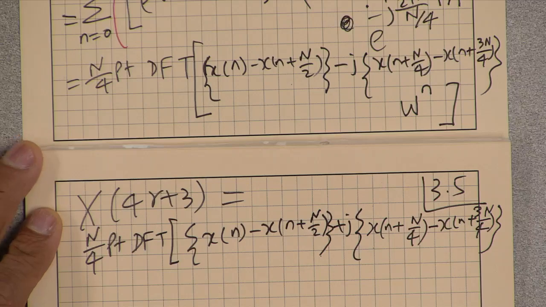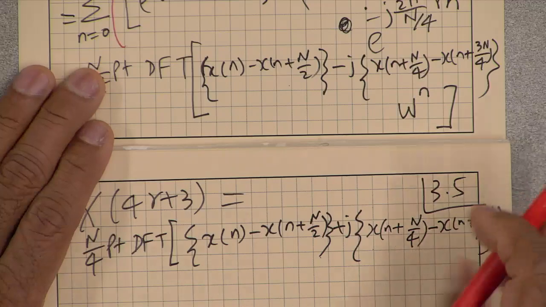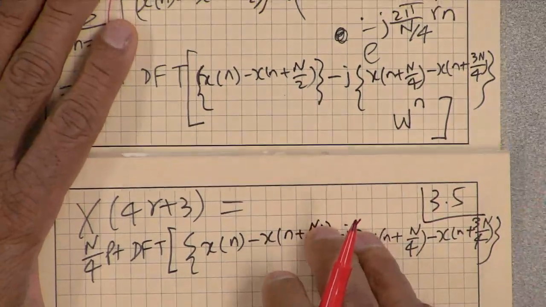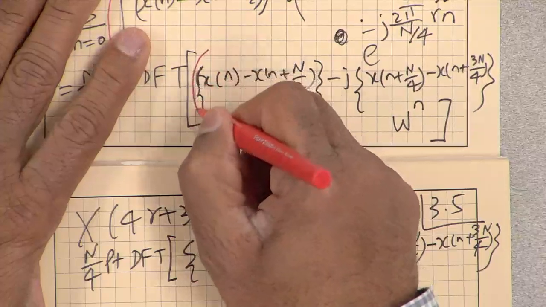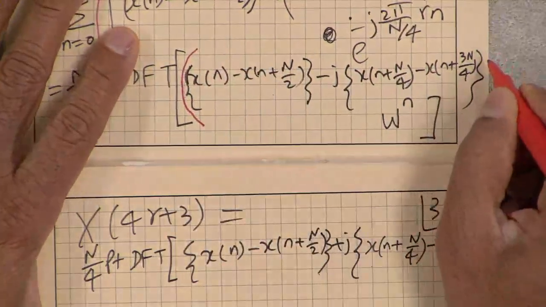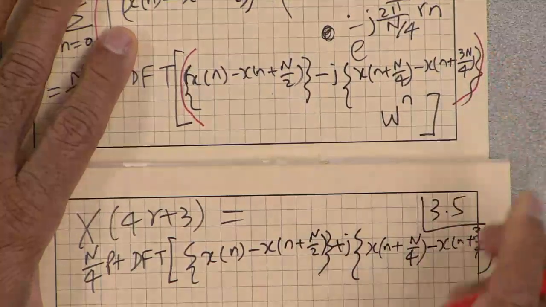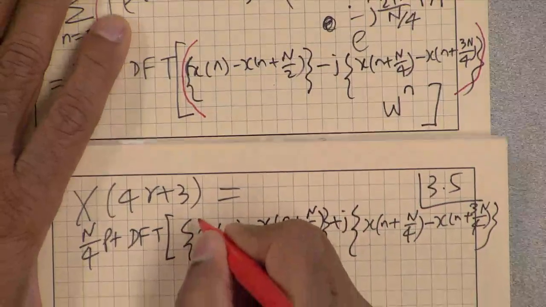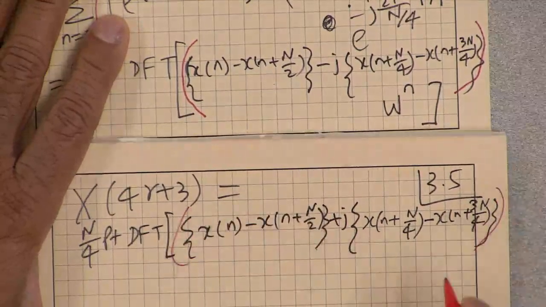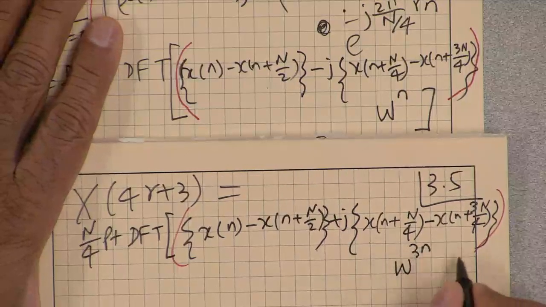I need another bracket before multiplying w to power n. So w to power n is multiplied with that whole thing, so another bracket times w to the power 3n.